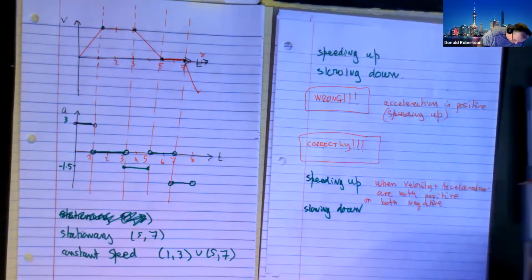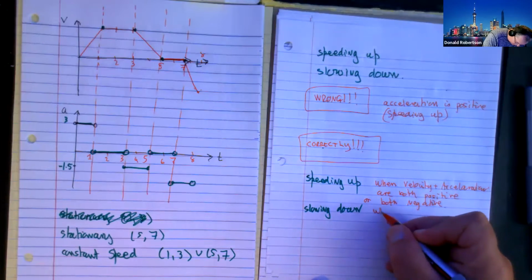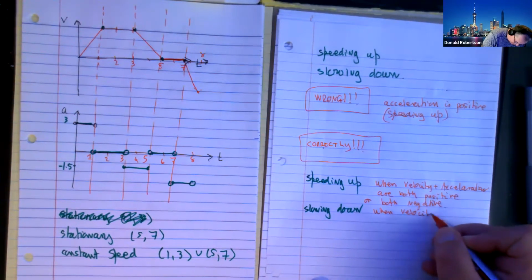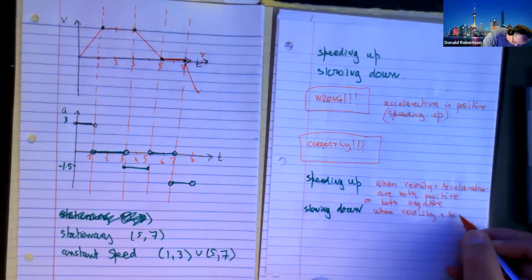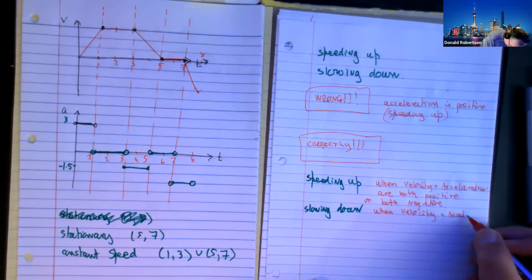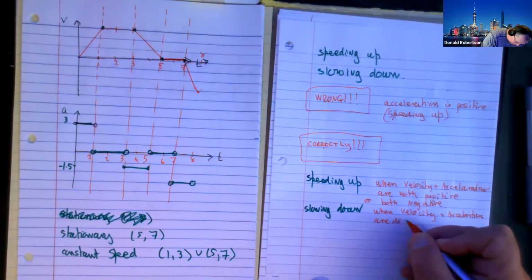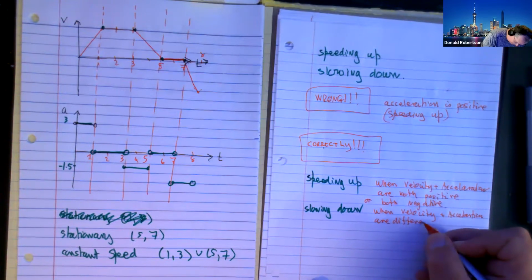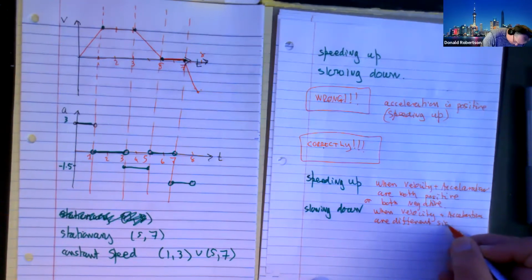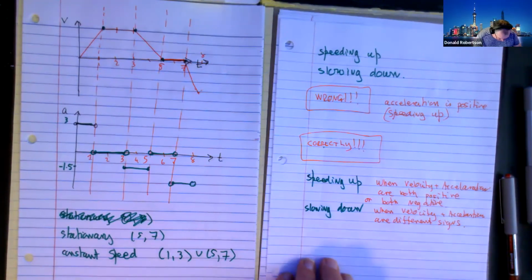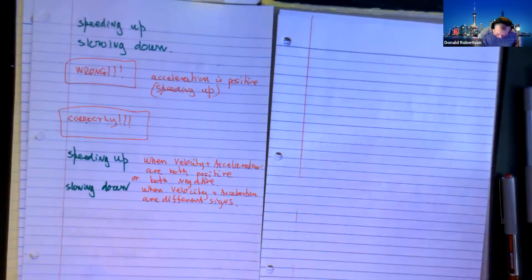And it's going to be slowing down when the velocity and acceleration are different signs. Okay, let me try and prove that that is correct.